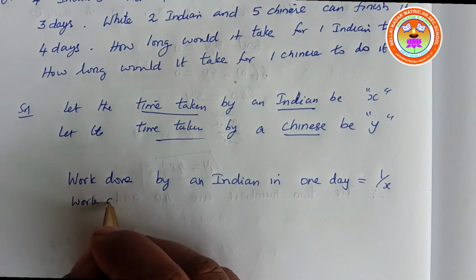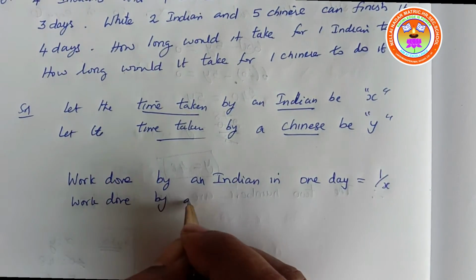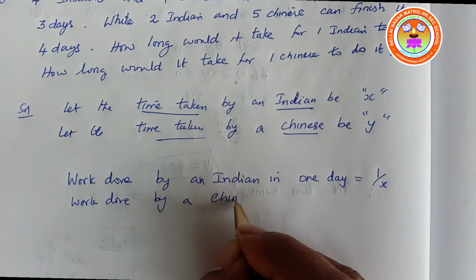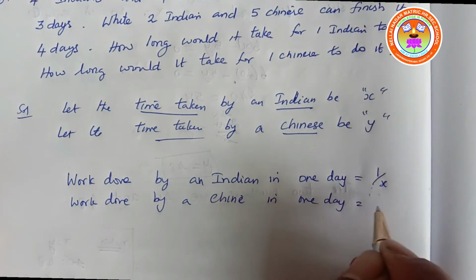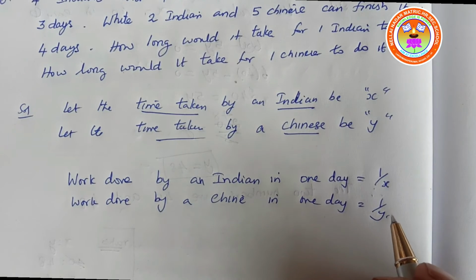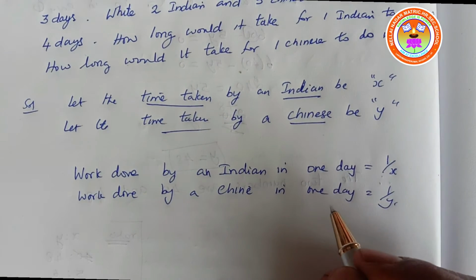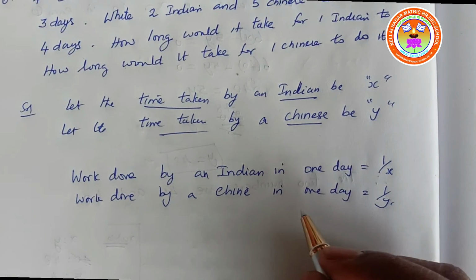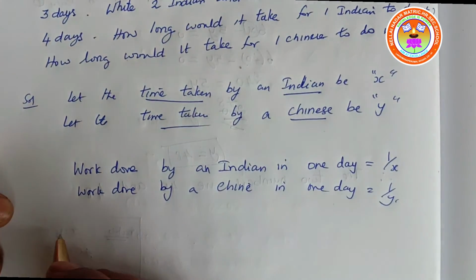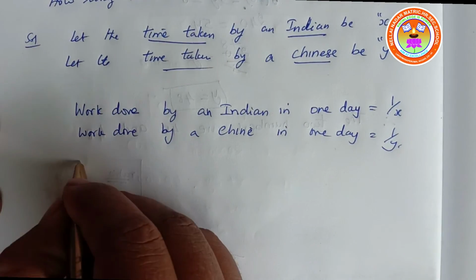Same way, work done by a Chinese in 1 day is 1 by y. Okay, what is the first condition given? 4 Indians and 4 Chinese finish the work in 3 days. So now condition 1.